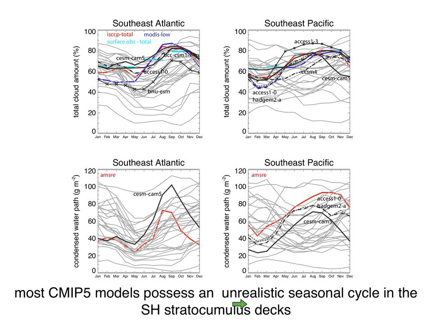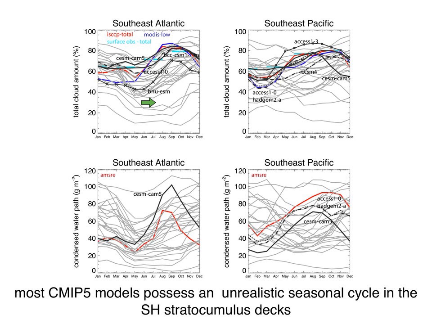This shows the seasonal cycle of the cloud fraction for the two basins at the top, and the liquid water path at the bottom. The more pronounced solid lines are observations, and the gray lines are the individual models. Most of these models have a seasonal cycle that's not in phase with what's observed.